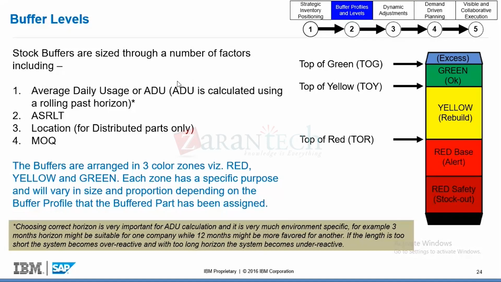One is average daily usage or ADU, which is calculated using a rolling past horizon. Then ASRLT, that is the active synchronized replenishment lead time. Location of the parts for distributed parts. And what is MOQ?